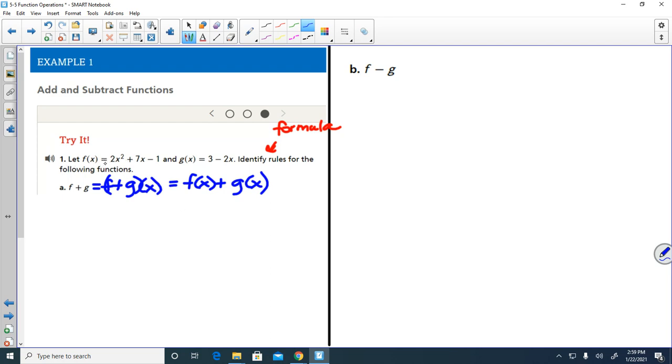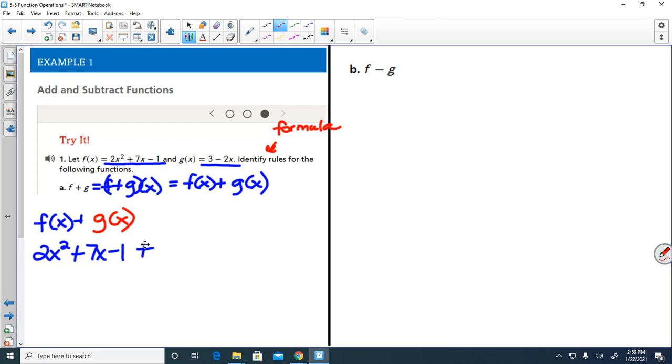What that means is take the f function and add it to g. So let's do f of x plus g of x. Just substitute it in and add like terms. Actually, let me color code this. Let's make g in red. So the f function is 2x squared plus 7x minus 1.